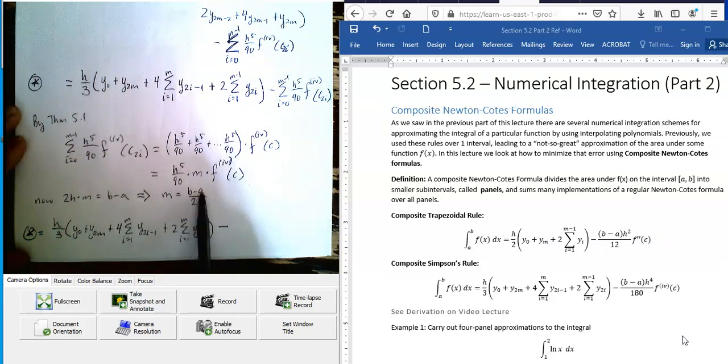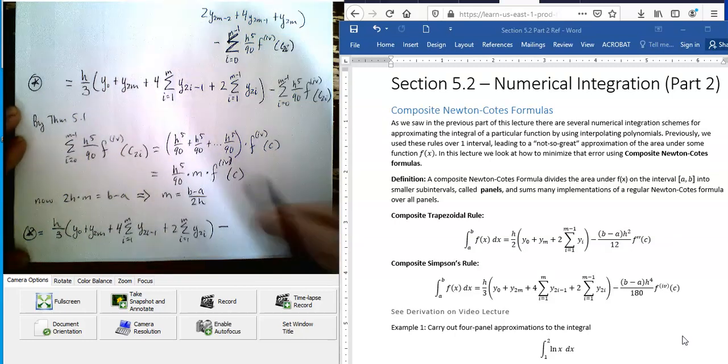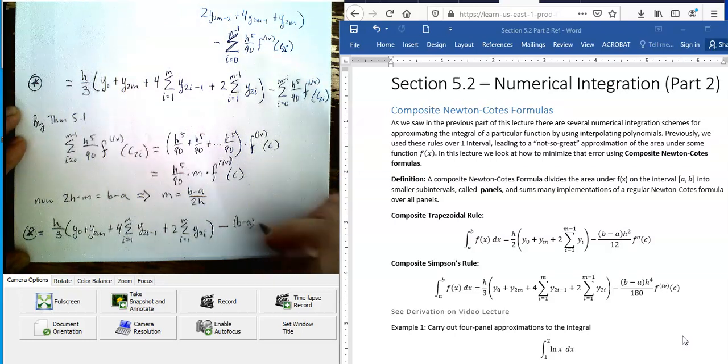We'll have a b minus a at the top, and then that 2 multiplies the 90, so we'll have b minus a h to the 4th over 180 times f quadruple prime at c.